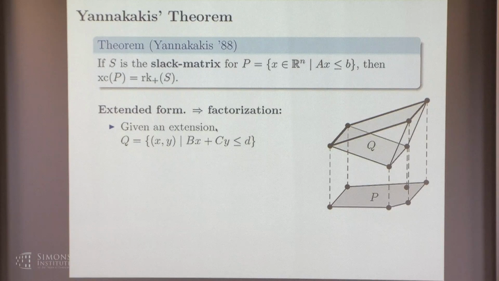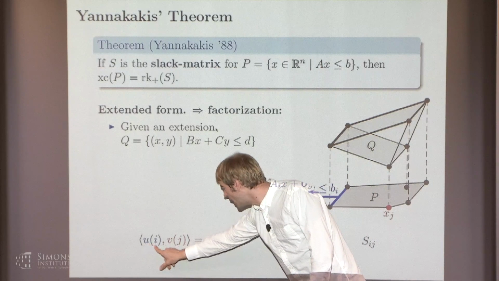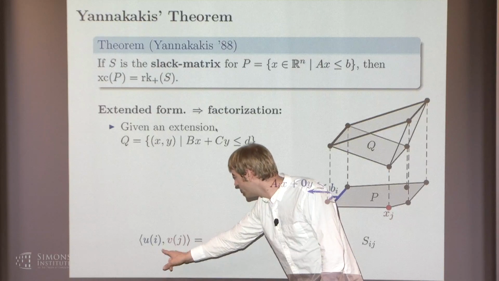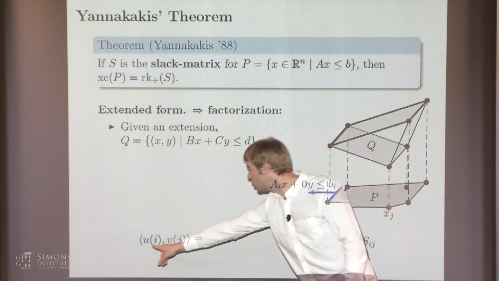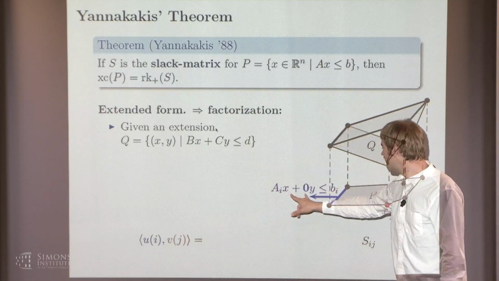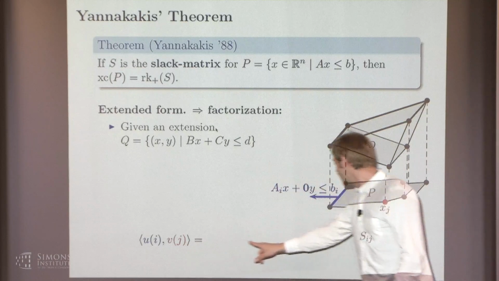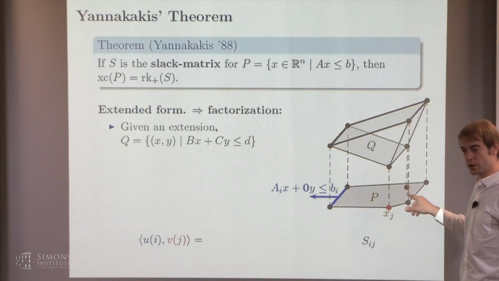Okay, so let's think about what we actually need. We need non-negative vectors ui and vj that both have dimension r. We have a vector ui for every constraint i, and we have a vector vj for every vertex xj of the polytope.